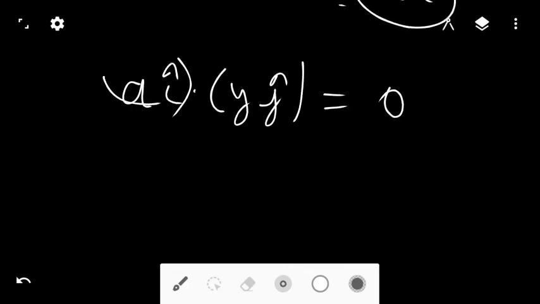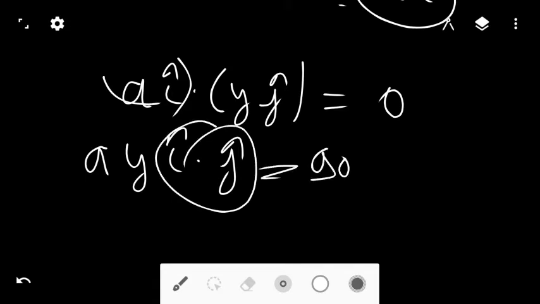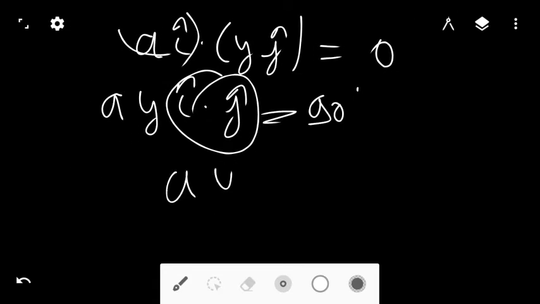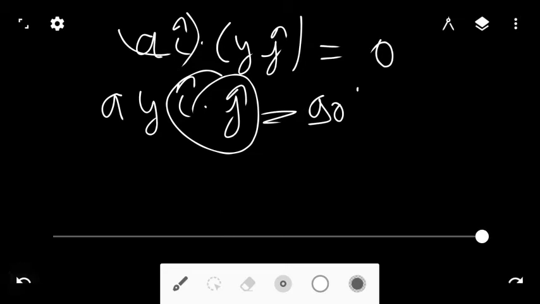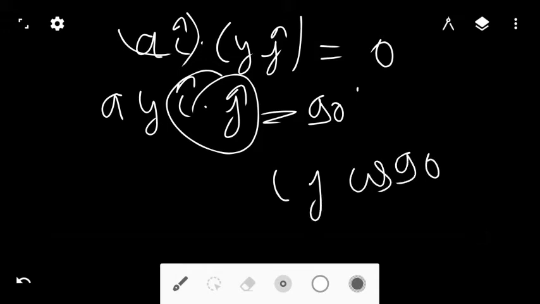Let's talk about that. So what will this be? a y into i into j. So i is the x direction while j is the y axis. So the angle between them is 90 degrees. So what will this be? a y cos, this will be i j cos 90. And what is cos 90?